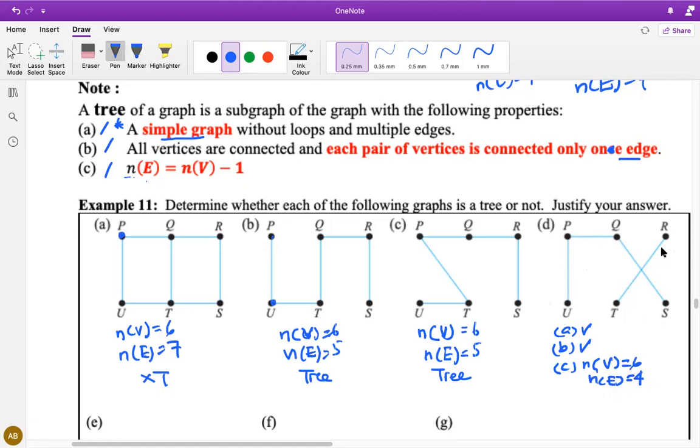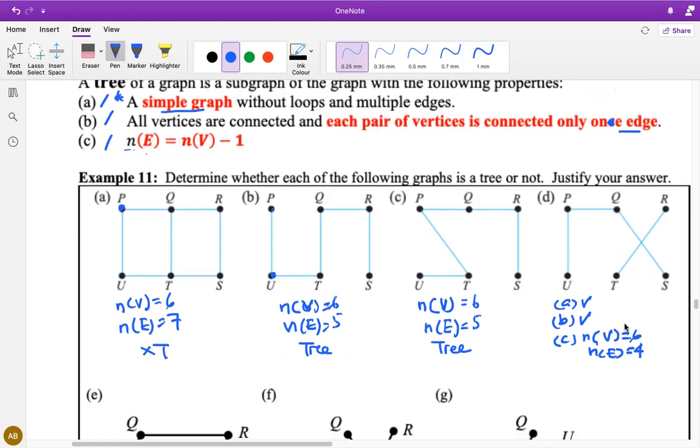That means R and T are isolated from P, Q, S. So you can justify your answer whether this is a tree or not. Remember, a tree must connect all the points given in the graph, right?